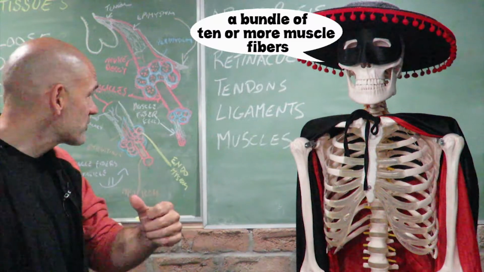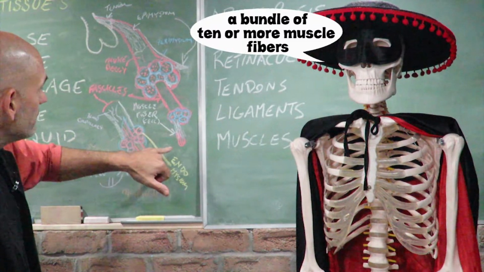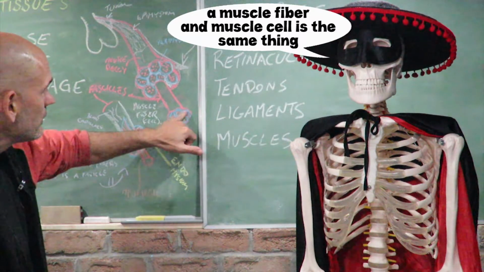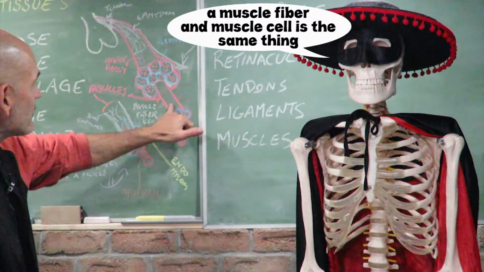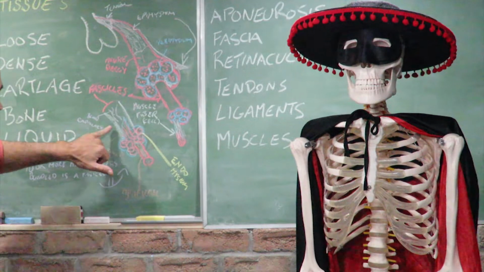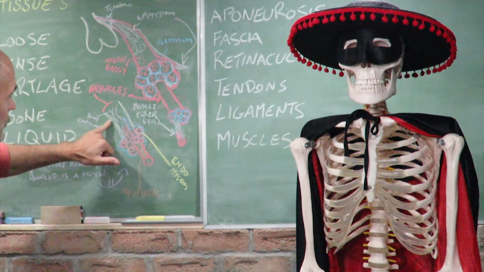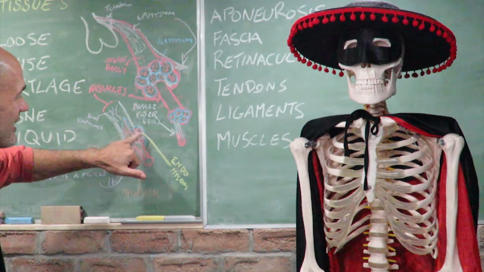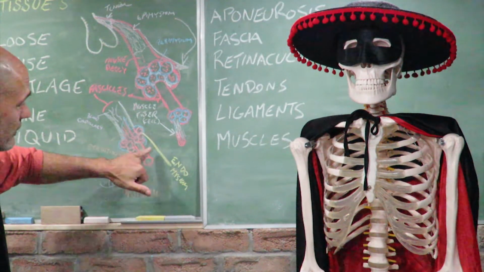Muscle cell and fiber is the same thing. So this would be a muscle fiber. So this is the fascicle. I moved it over here. It'll be easier to see on this one. So one fascicle and the individual muscle fibers inside, that's like 10 or more. These individual muscle fibers are surrounded by the endomysium.